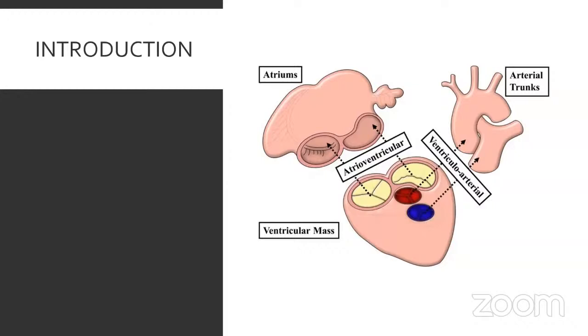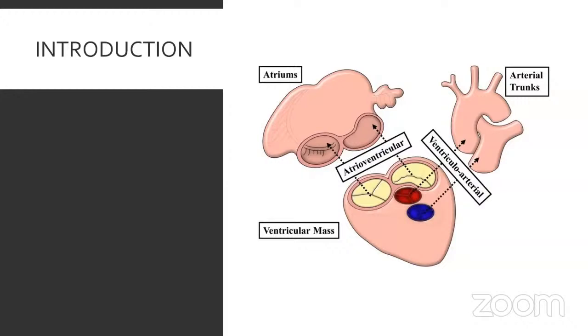ventriculo-arterial connection. When we classify the heart, we need to know that each segment and each connection is completely independent from the other segments. So we cannot rely on the morphology or the arrangement of the ventricles to define the arteries, and similarly across each of these segments.